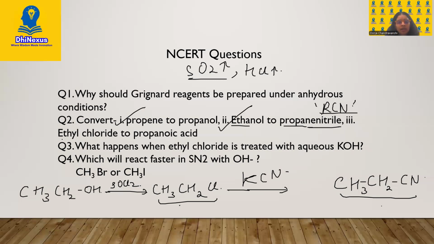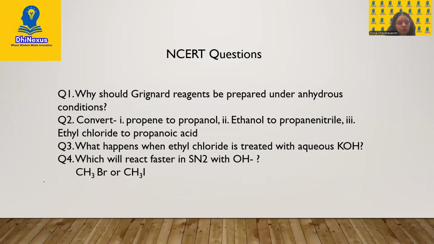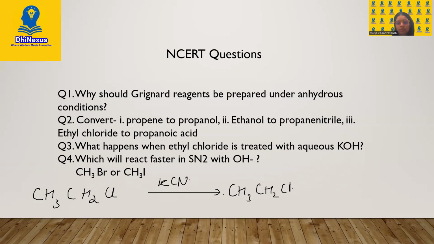Next is ethyl chloride to propanoic acid. Also quite easy. So I have CH3CH2Cl. First, I will react it with KCN. Whenever I want to increase the number of carbon atoms in a particular chain, I will use KCN, because the carbon gets added. So CH3CH2CN. What is this?